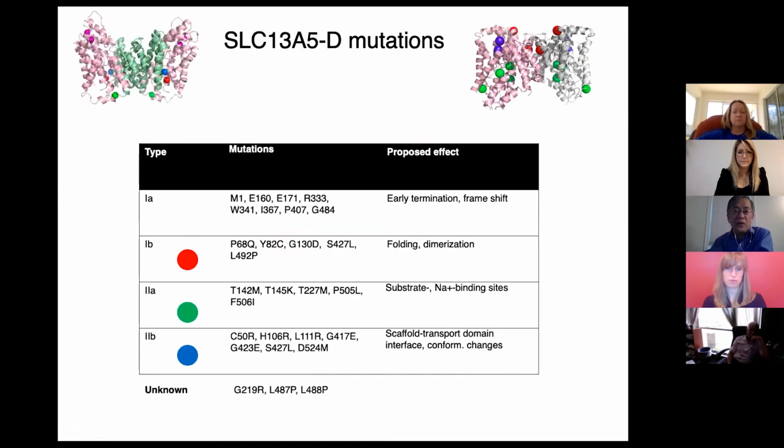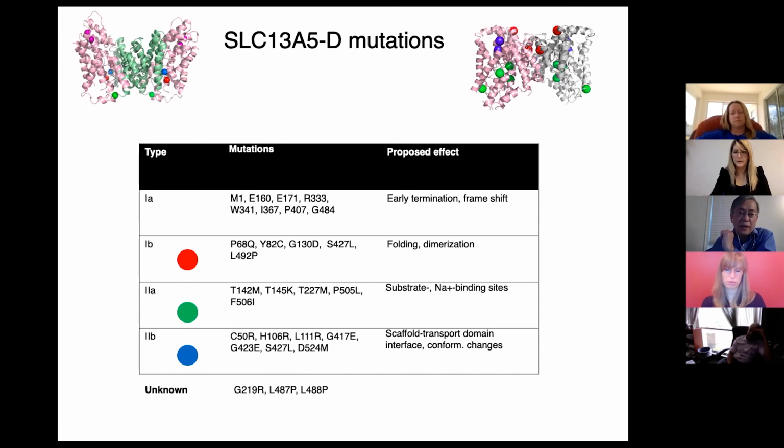And then from the list Kim sent us, we reanalyzed everything, and we can classify them in a much more confident way. However, there are still 2 or 3 mutations, including the most common mutation, the glycine 219 arginine mutation, where we cannot quite say for sure why they abolish transport.